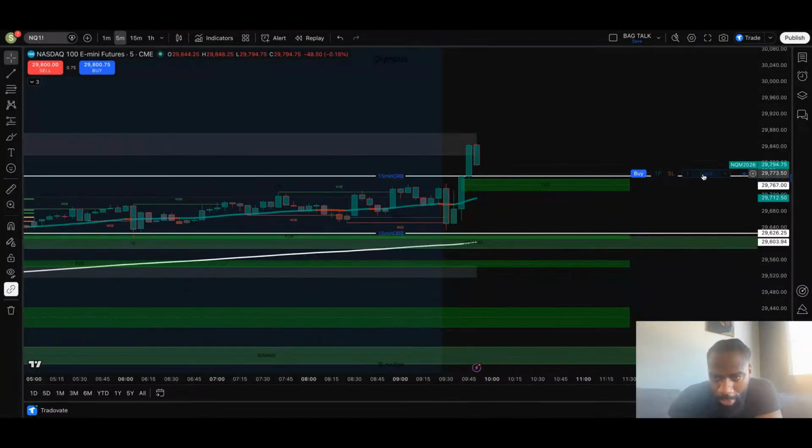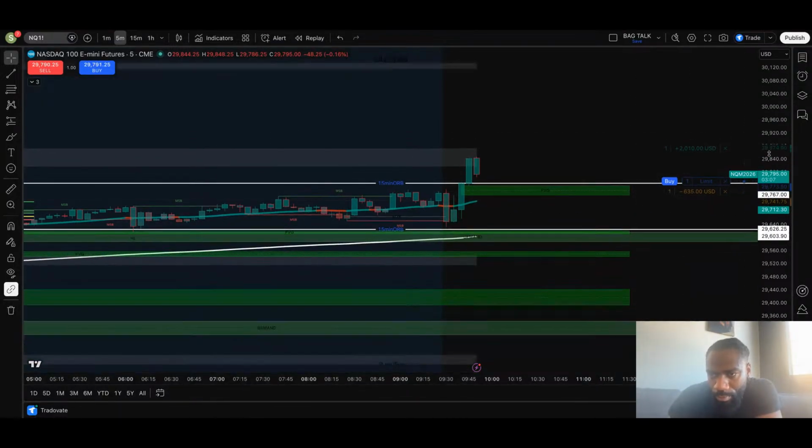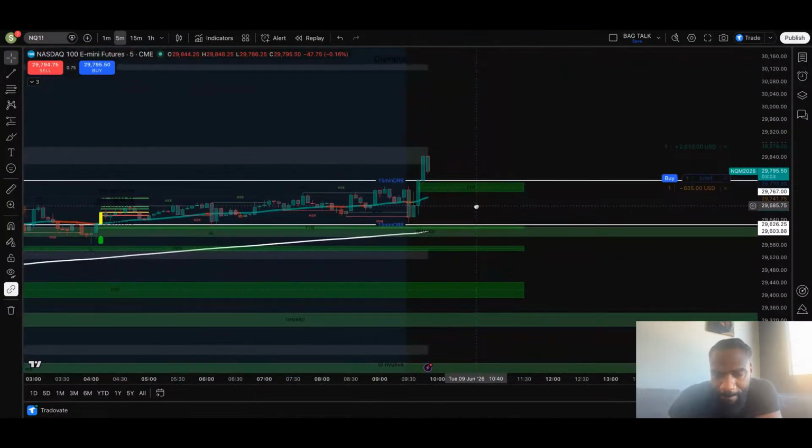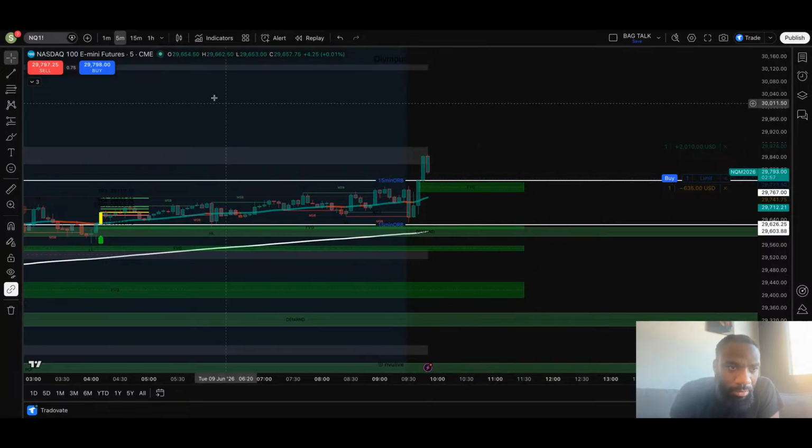If we can get it to come back here, we take it up. We can have very little drawdown to make a lot. We're gonna see how price reacts off of this though.